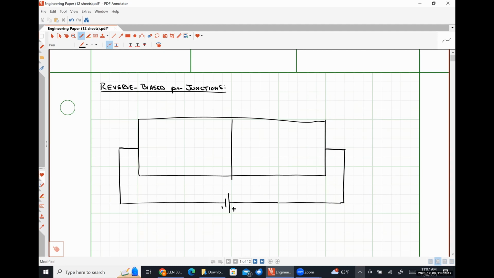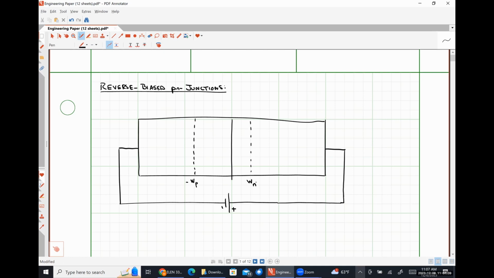So if this is the edge of the P side, so this would be negative WP, and let's say that this is the edge of the N side.